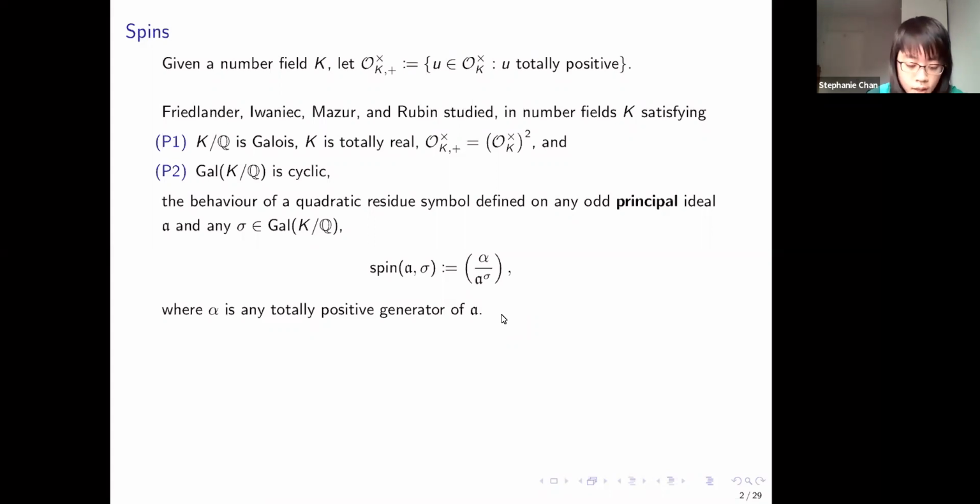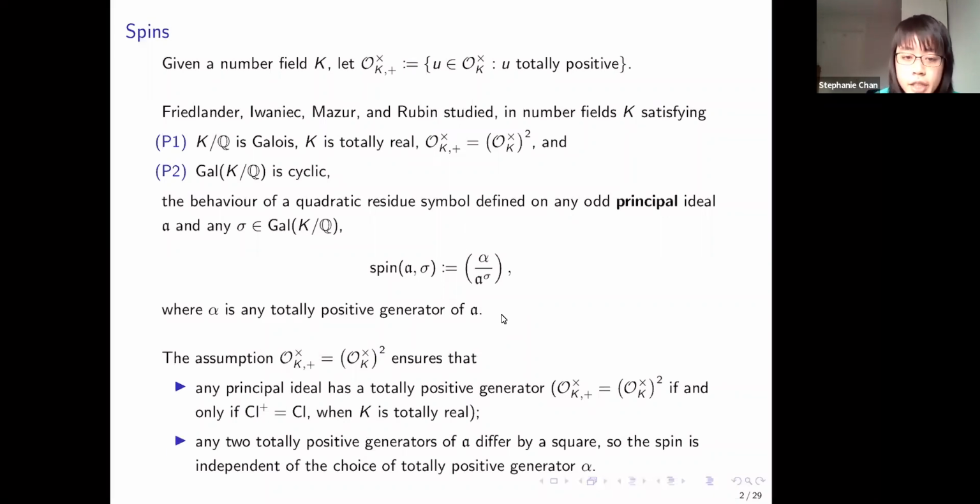The reason we have this first property P1 assumed on this number field K is that we need it for the spin to be well defined.